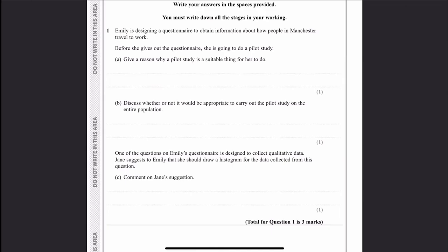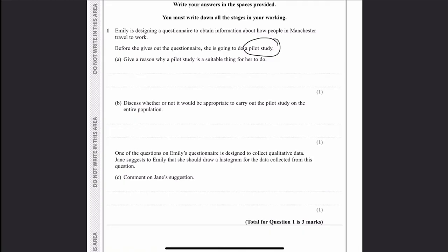So question 1 is, Emily is designing a questionnaire to obtain information about how people in Manchester travel to work. Before she gives out the questionnaire, she is going to do a pilot study. What a pilot study is, is like a small scale study that you give to some of your population, like a sample, just to see if people understand the questions, to see if people respond to your questions, to see how long it takes for people to respond to your question.